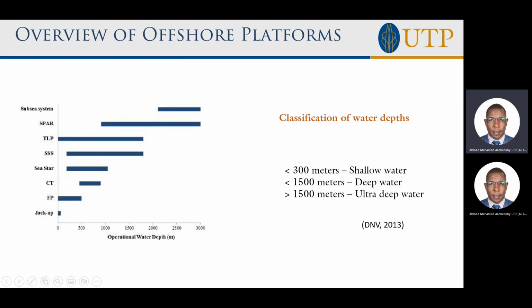If the platform is located in shallow water, that means it is in a water depth not exceeding 300 meters. Deep water means the platform is within 1,500 meters, and ultra deep water is a location where the platform is operating in water depths exceeding 1,500 meters.